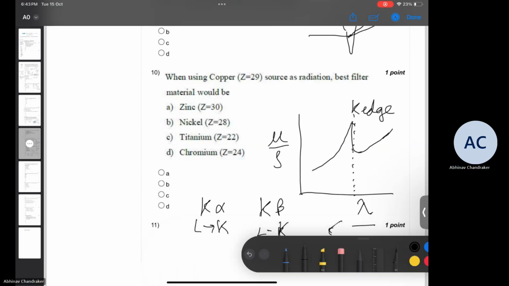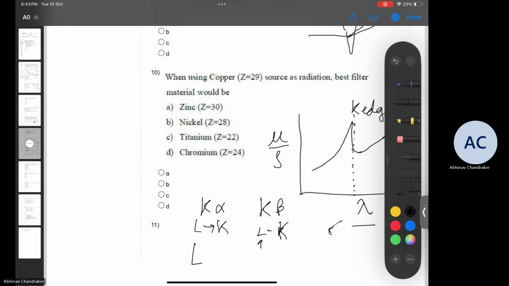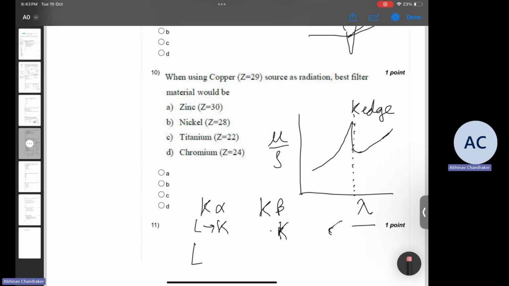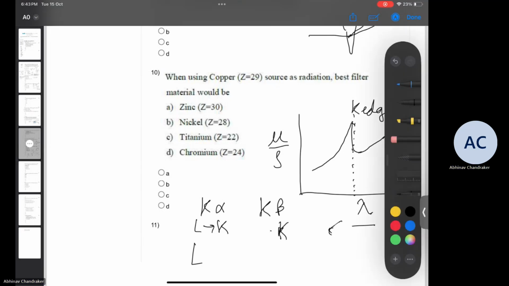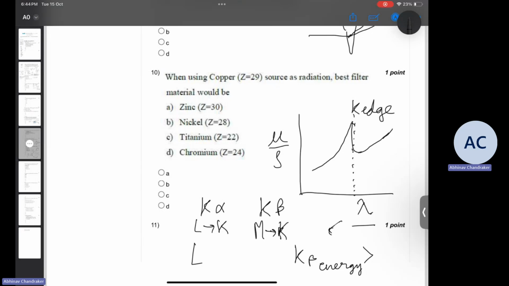But others, such as L, okay, I had got confused. So K beta is from M to K. I had got confused here. So K beta is from M to K and K alpha is from L to K. And K beta has a higher energy than K alpha, since the de-excitation occurs from a higher shell, the M shell.